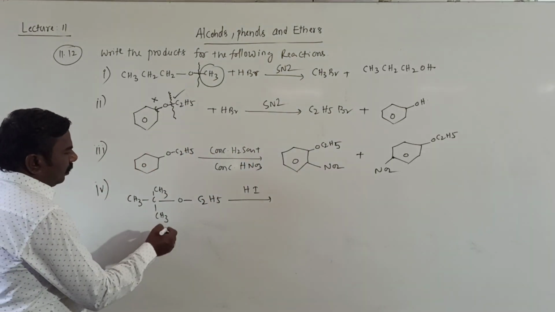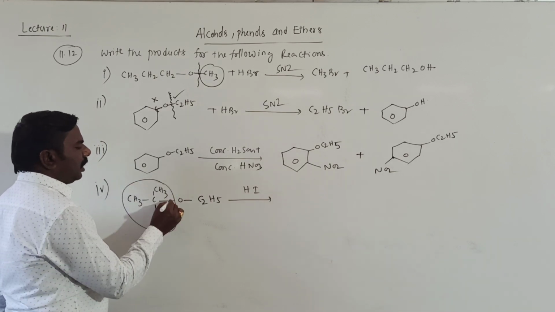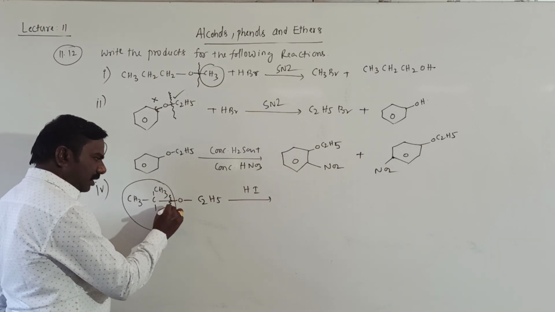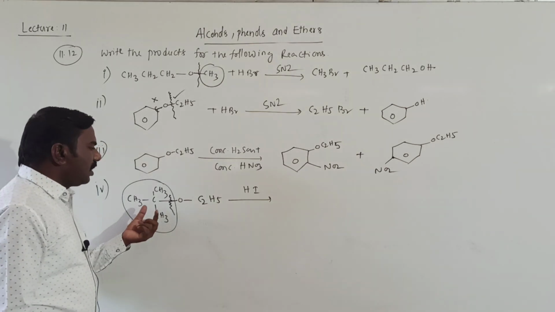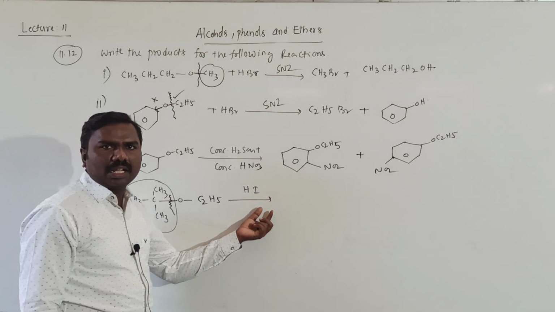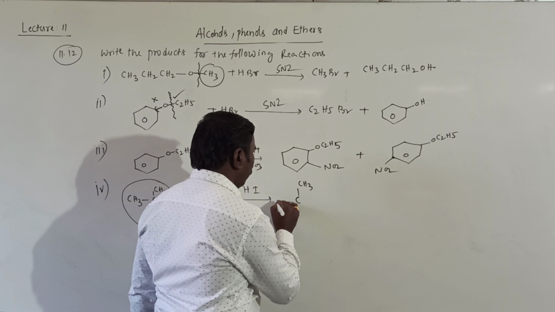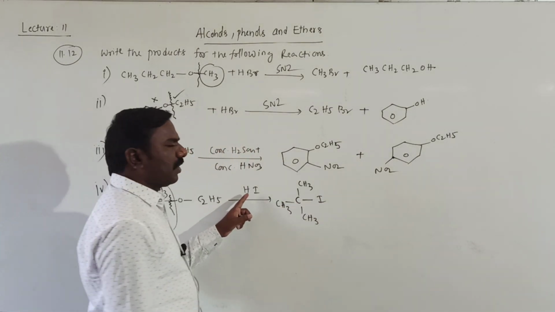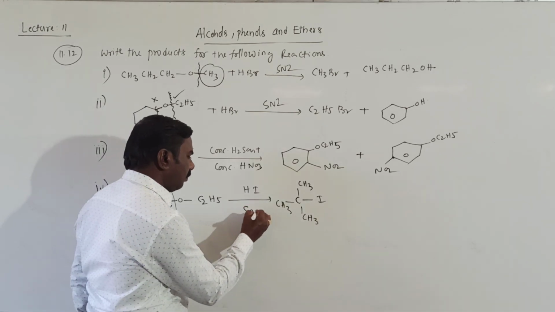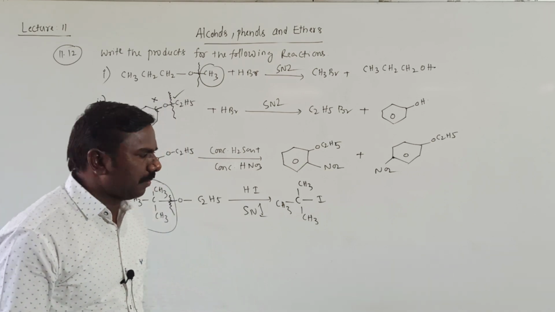Next, just observe, a tertiary group is there. If a tertiary group is there, there is cleavage of which bond? The C-O bond. The large or tertiary alkyl group is connected to the nucleophile I-, which is generated from HI, by the SN1 reaction. For SN1, tertiary is favorable, that's why.